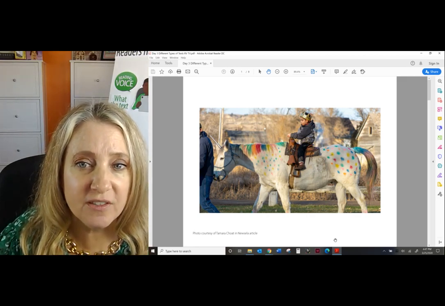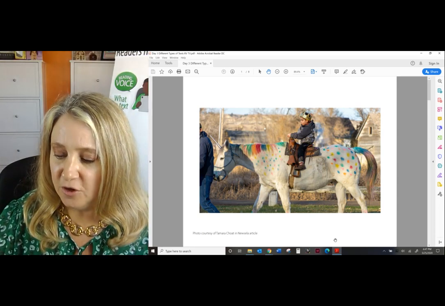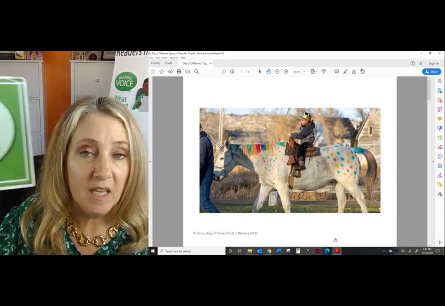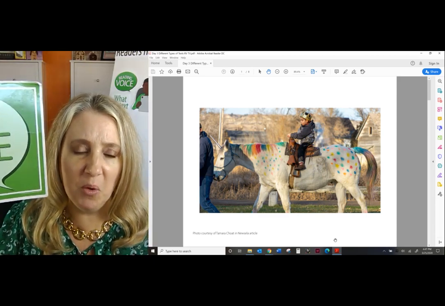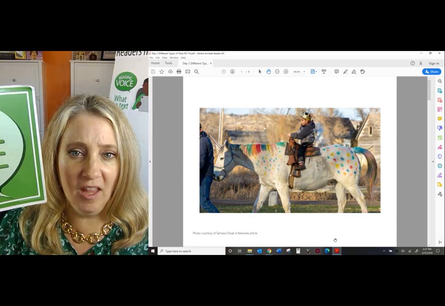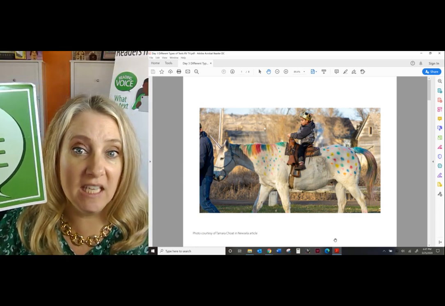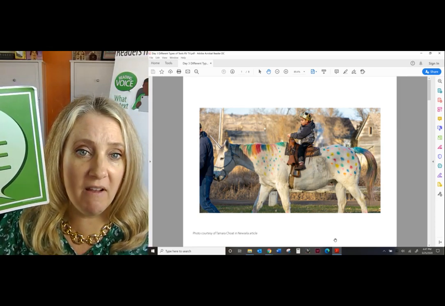And as you start to study it, well, you notice things with the reading voice. You notice things like it's a white horse with some different colors put on it, little polka dots and some striping on the mane and the tail. And then you notice that there's a kid, a little boy. He's got some boots and a crown on.